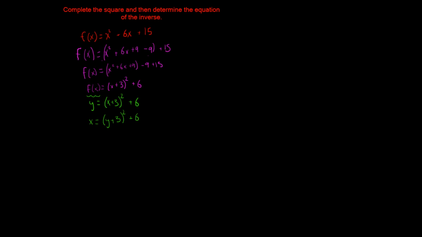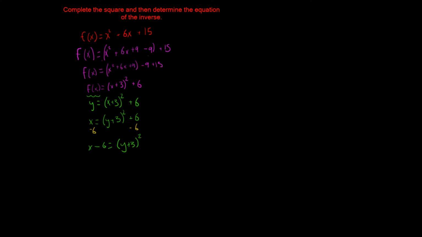So now we're going to isolate for y, and the first thing we're going to do is remove the 6 from both sides, because it's the only thing outside of the brackets, so why not do that? So x minus 6 is equal to y plus 3 squared.